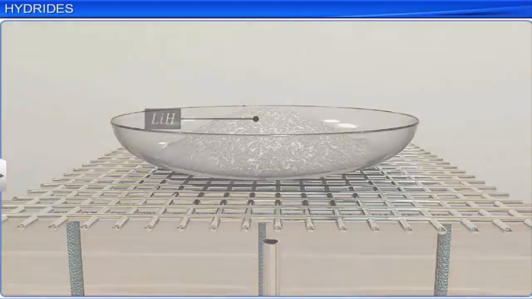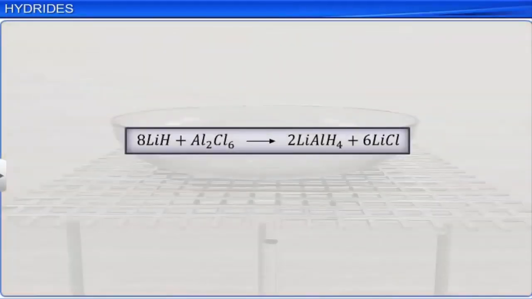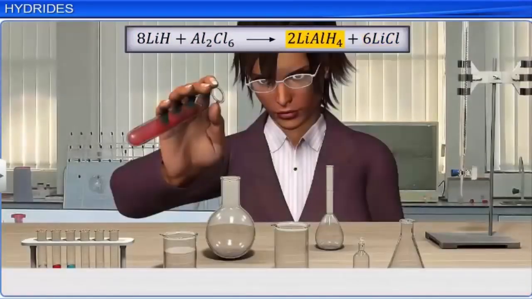The reaction that takes place is: lithium hydride reacts with aluminium chloride to give lithium aluminium hydride and lithium chloride. Lithium aluminium hydride is a powerful reducing agent and is used extensively in organic chemistry.